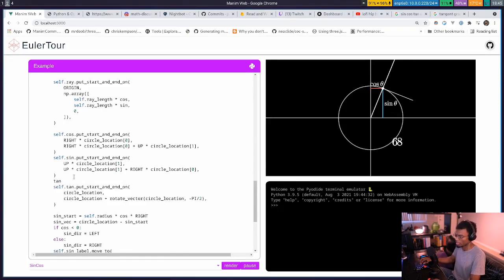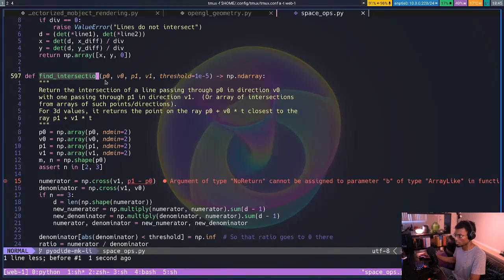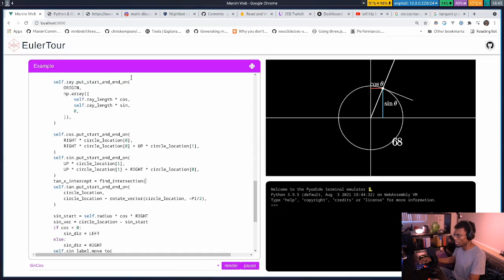It should be like tangent x-intercept. And then I need a point P0, V0, then P1, V1. So the x-axis will be the origin and then right.